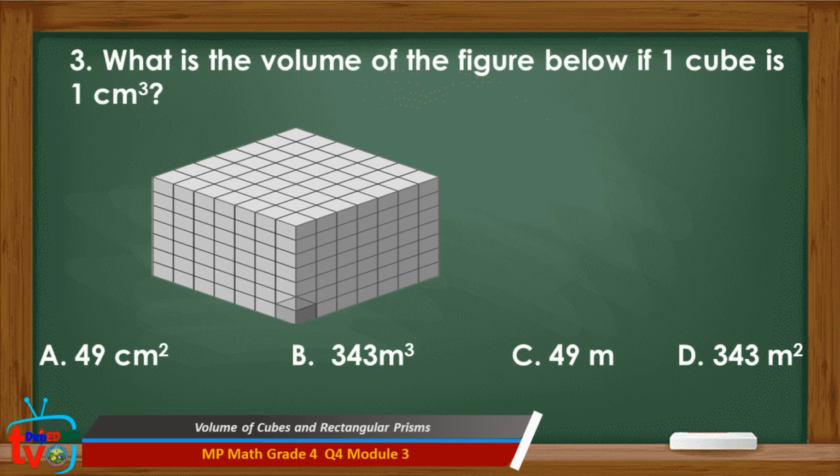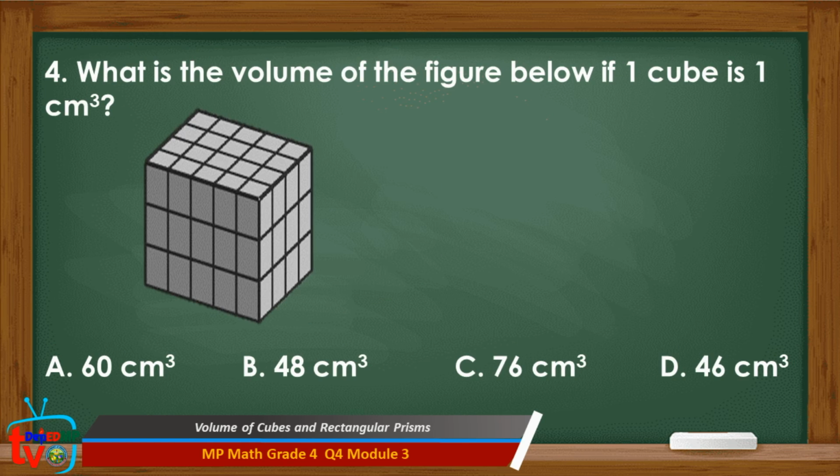Letter A, 49 square centimeters. Letter B, 343 cubic meters. Letter C, 49 meters. Letter D, 343 square meters. Number 4.